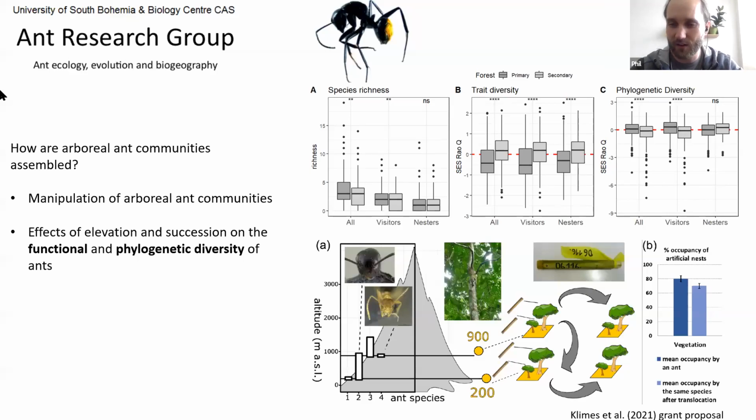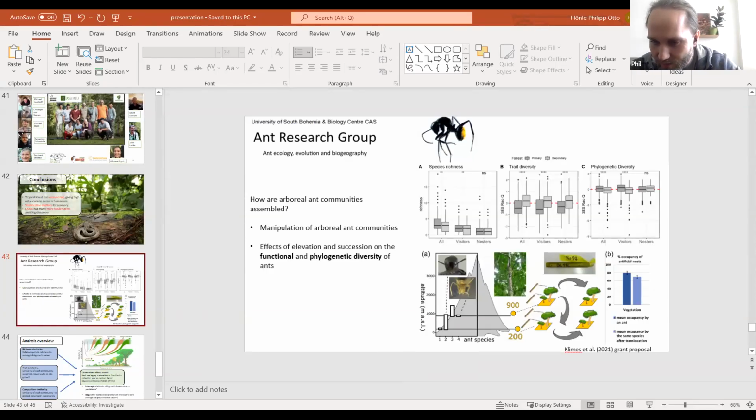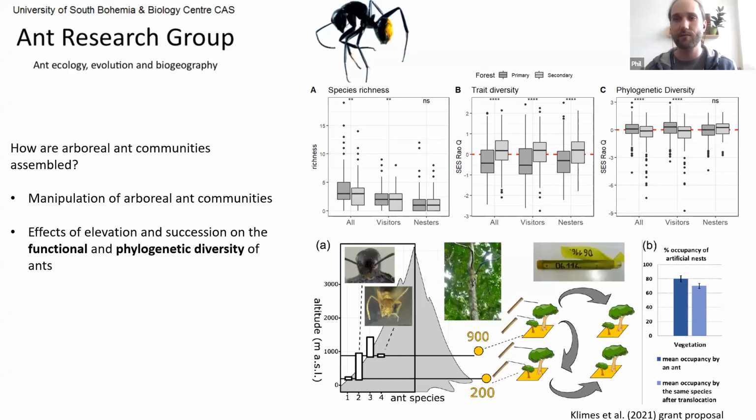Now, since we have some time left here, I just wanted to give you a very quick summary of what I'm doing now. As I said at the beginning, I'm a postdoc in Peter Klimes's Ant Lab, and I will soon go to Papua New Guinea to help with the experiments there.